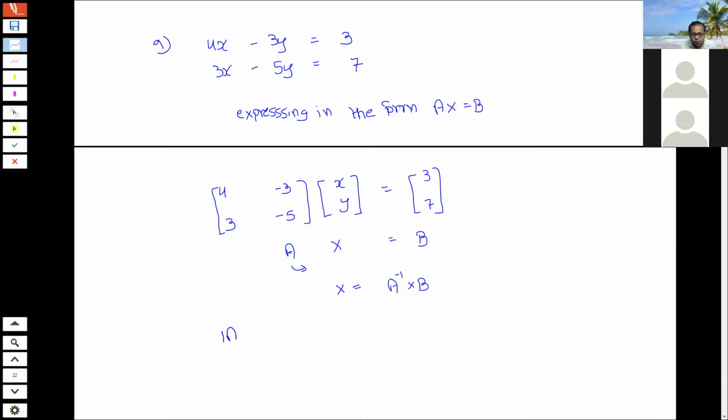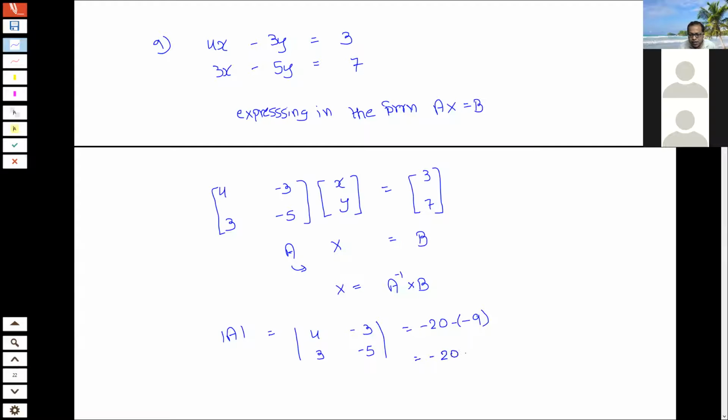So first of all, I will write determinant of A: 4 minus 3, 3 minus 5. 4 fives are 20, it is minus 20. 3 threes are 9, minus 9, with a minus sign in between.